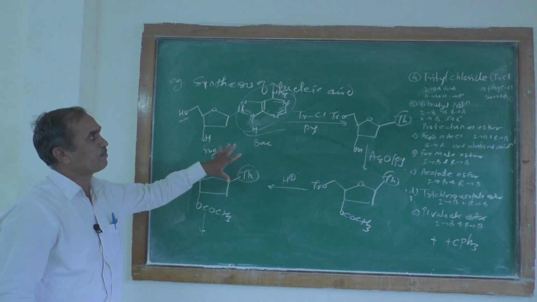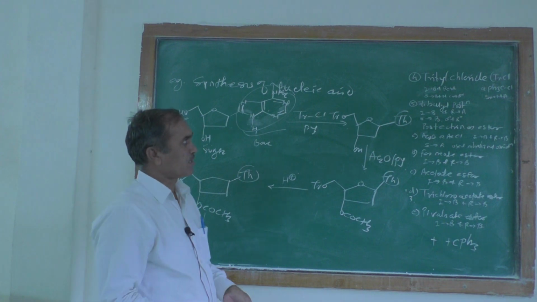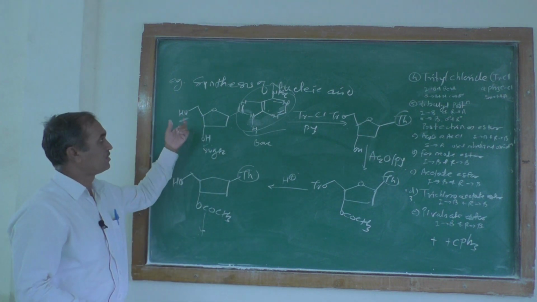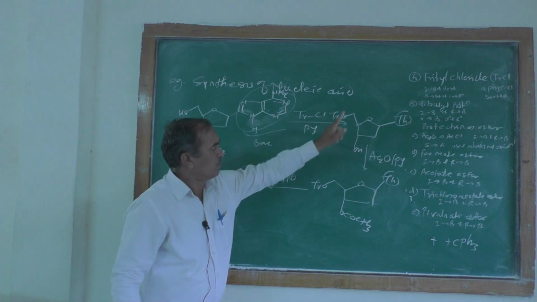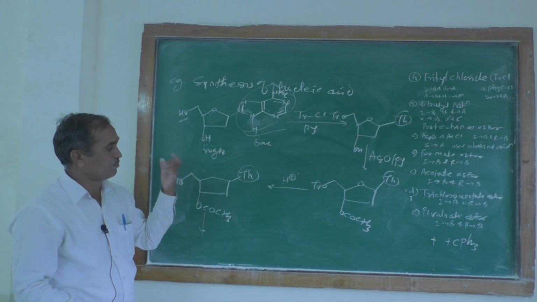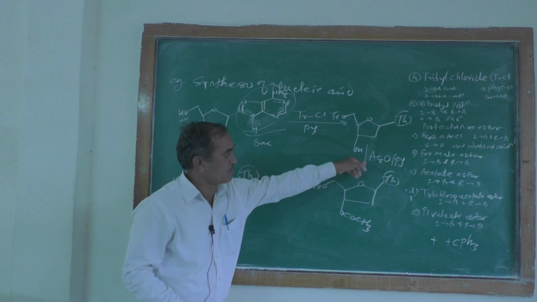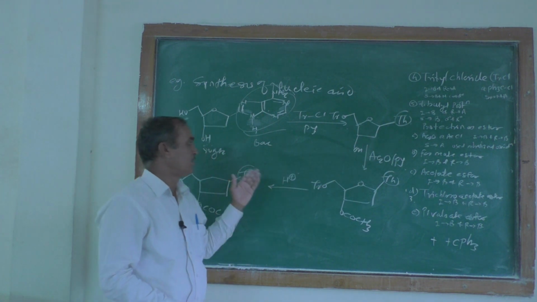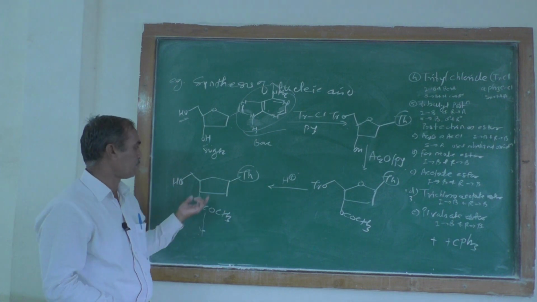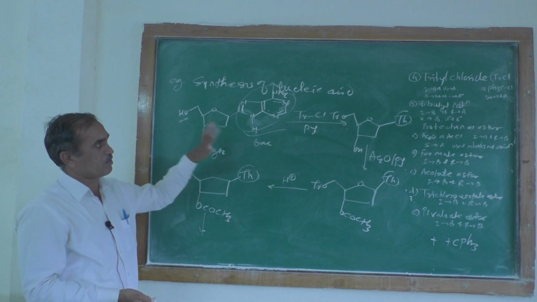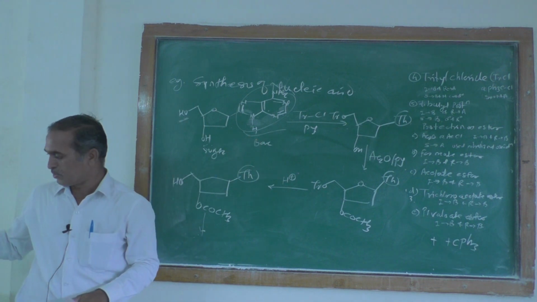So this is the main purpose of trityl chloride. It is a bulkier group. The reactivity of this hydroxyl group is decreased, so we get protection of this, and we can deprotect it. You will get our desired product, and that is why it is used as a protecting group.